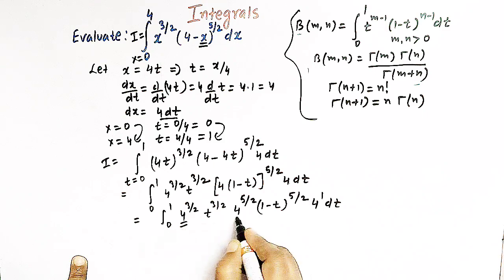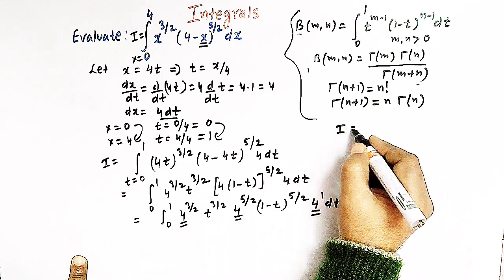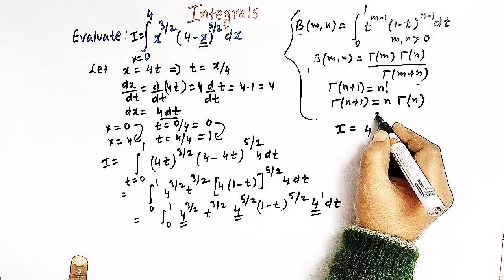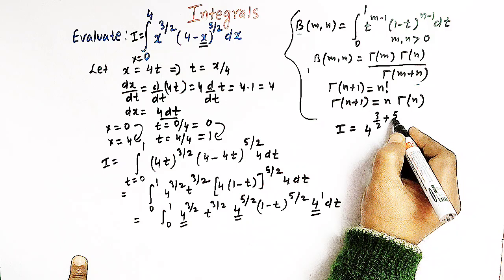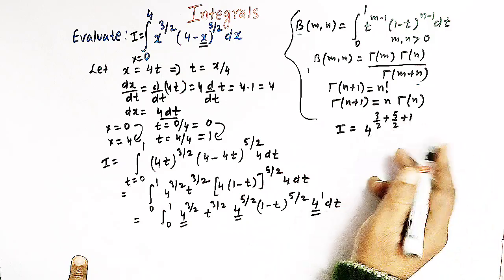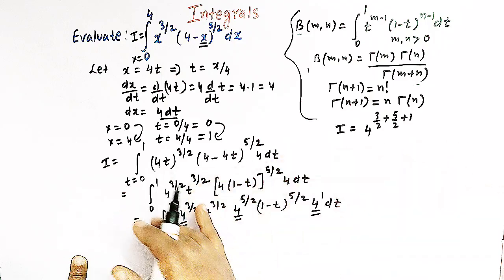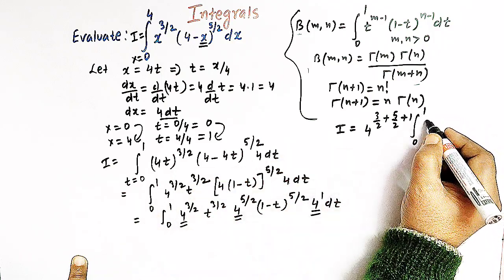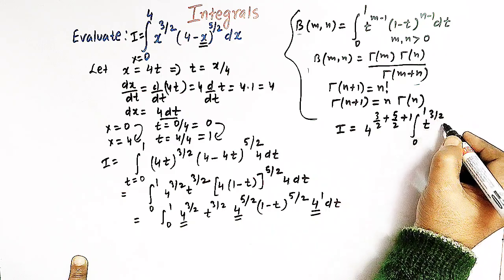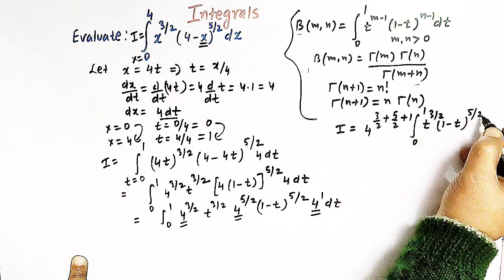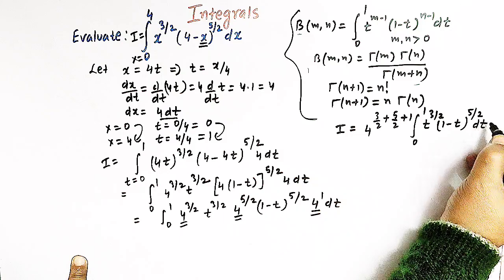Now let us first collect these 4's. So we have I is equal to 4 raised to 3 by 2 plus 5 by 2 plus 1, taking this term outside the integral, and then the integral from 0 to 1 of t raised to 3 by 2 times (1 minus t) raised to 5 over 2 dt.